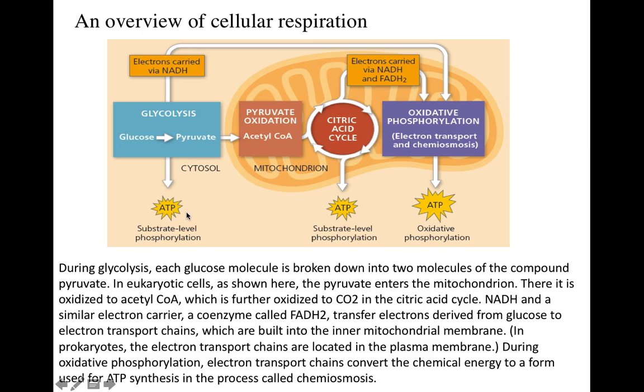So some ATP molecules, pretty low, perhaps 2 molecules of ATP are produced during glycolysis, and 2 molecules of ATP are produced during the citric acid cycle, but both of these are being produced by substrate level phosphorylation. Means the phosphate molecule is coming from another compound which is phosphorylated.